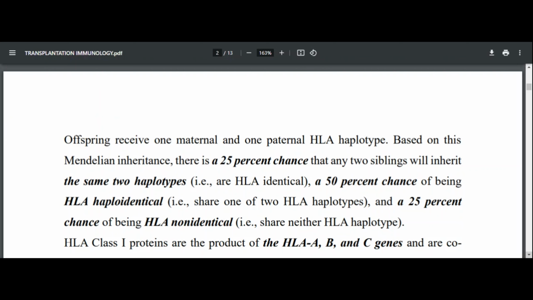And also a 25% chance of being completely non-identical, which means they don't share any haplotype from the parents. So that is what you call a possible Mendelian inheritance pattern.